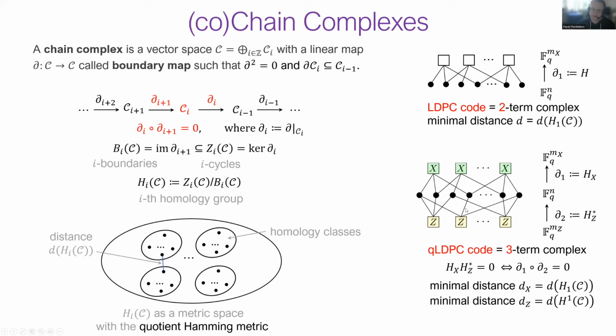And quantum LDPC codes can be described by a three-term complex, where we have three terms that correspond to three parts in the Tanner graph. And I should also say that this commutativity condition is just equivalent to this condition of a chain complex. And in some sense, we can identify three-term chain complexes with qLDPC codes, and you can see that the distance is related with this quotient Hamming distance for these metric spaces.